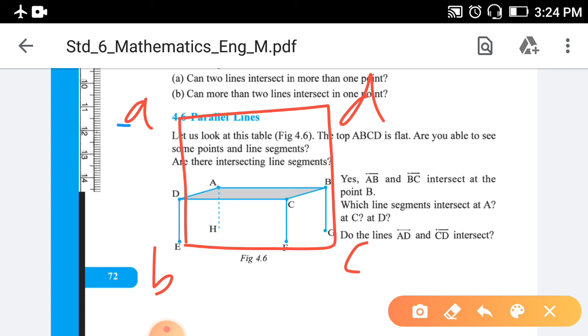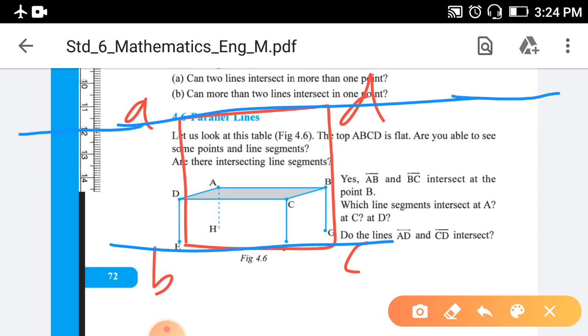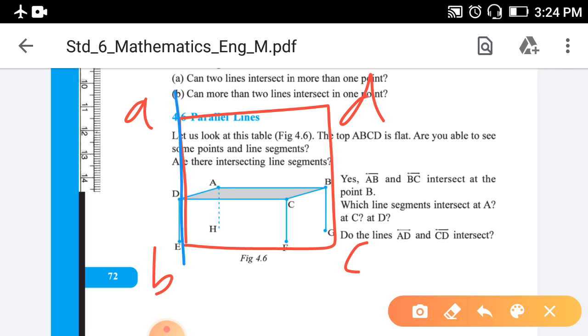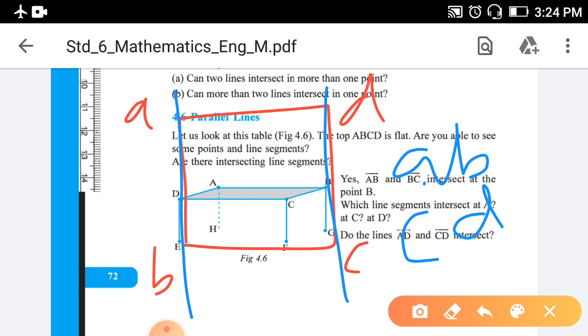If I extend line AD and line BC, then you can see both are not intersecting at any point and distance between them is the same. So both are parallel lines. If you take vertical lines AB and CD, then also both are not intersecting each other, there is no common point. So line AB and CD both are parallel lines.